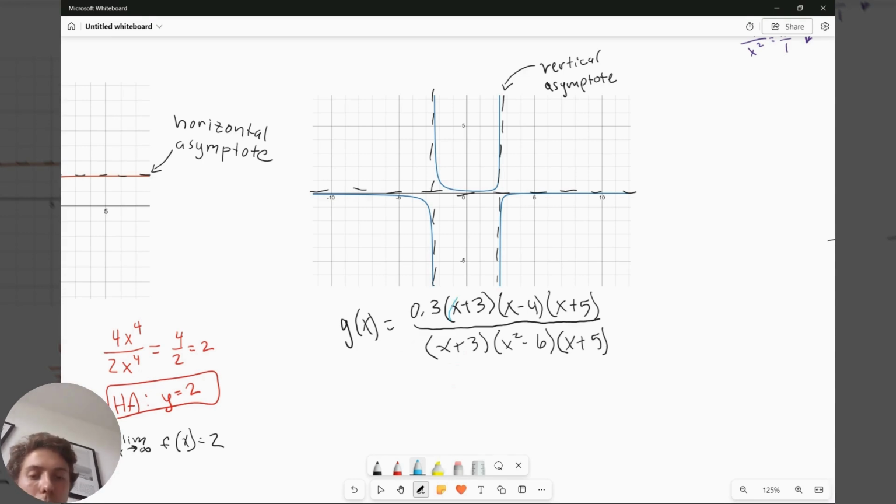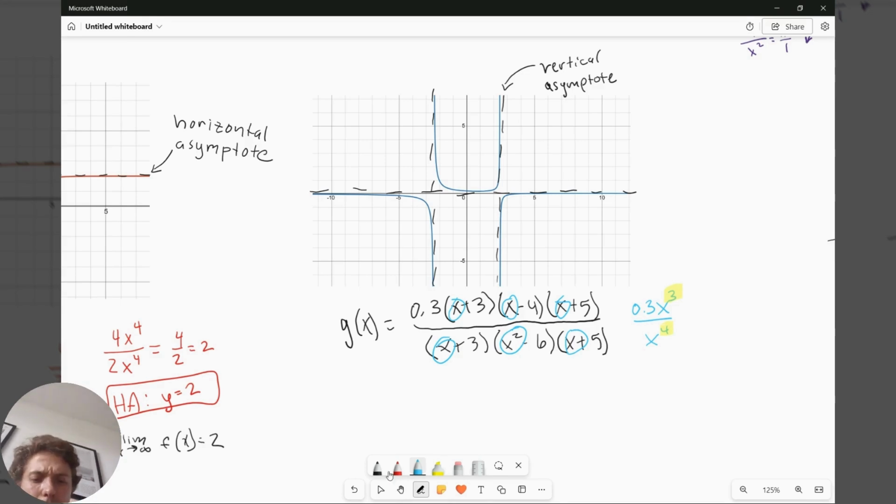If I were to multiply all of these x's out, the top I would have x cubed, as well as the leading coefficient there of 0.3. And the bottom of my fraction, if I multiply all of those x's out, I would end up having x to the 4th. Notice the degree on the bottom is larger than the degree on top.